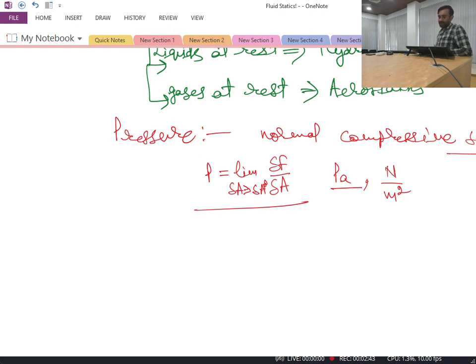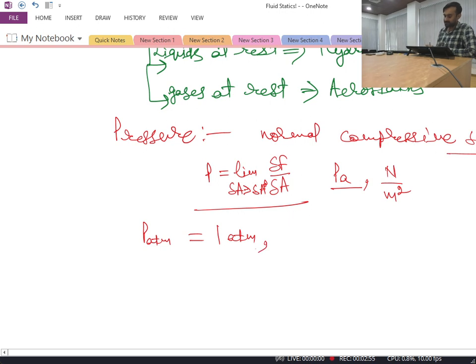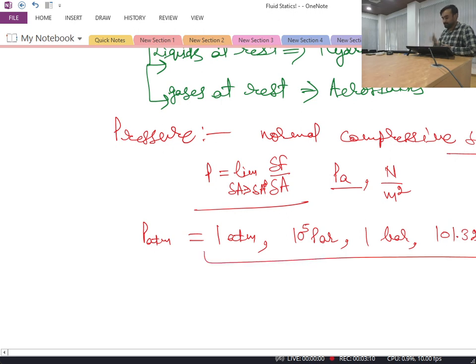Typically, the atmospheric pressure around us is equal to 1 atm, or 10 to the power 5 pascals. We also call it 1 bar, or 101.325 kilopascal. So these are the different commonly used units for pressure, and in each unit, the value of pressure that we consider is what I have written over here.